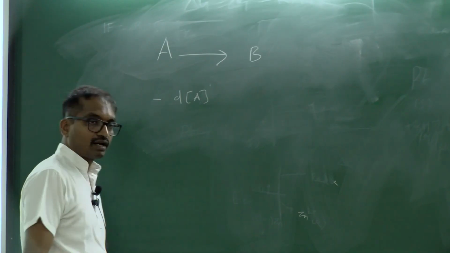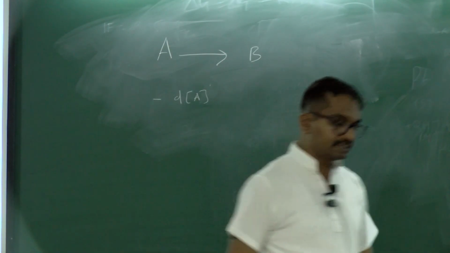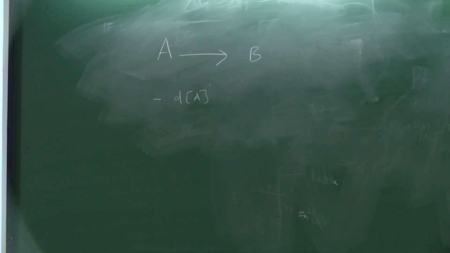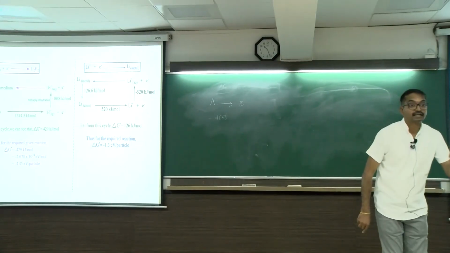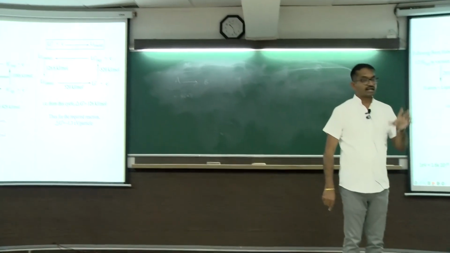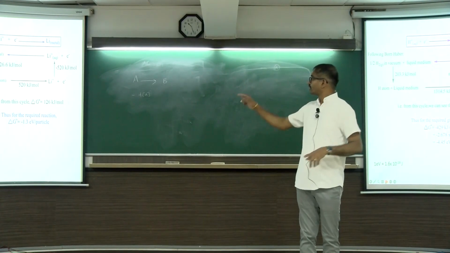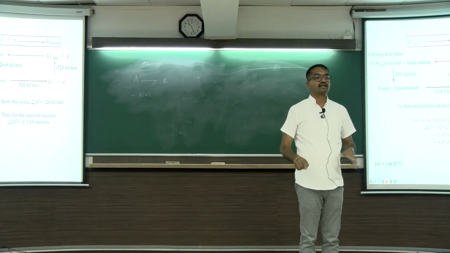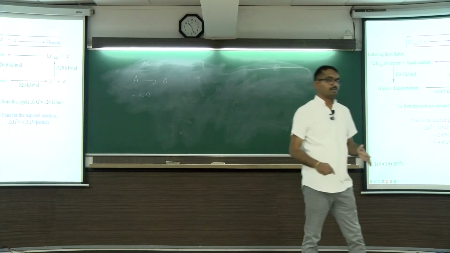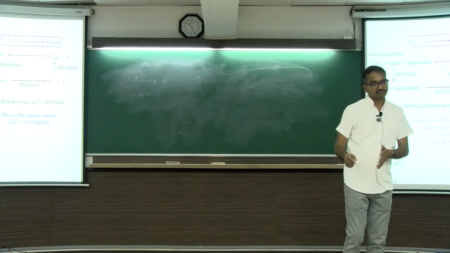What does first order mean? It is the number of species involved in the rate determining step. If I write A goes to B, not necessarily A directly goes to B. A may be going to an intermediate.